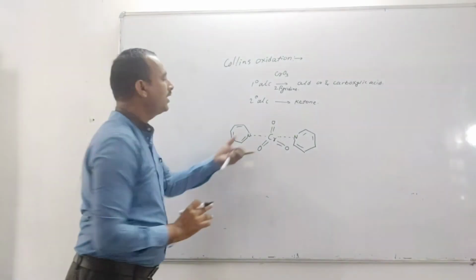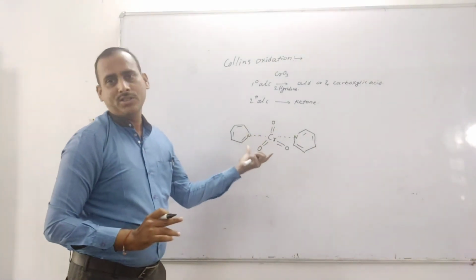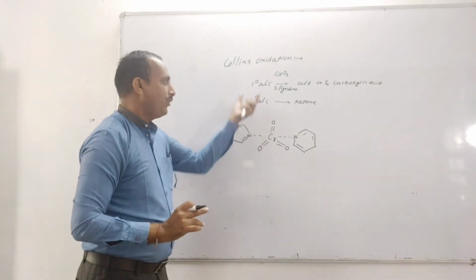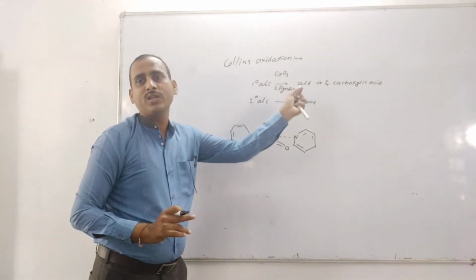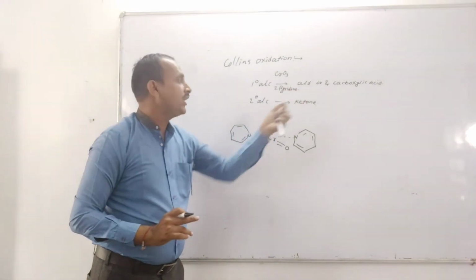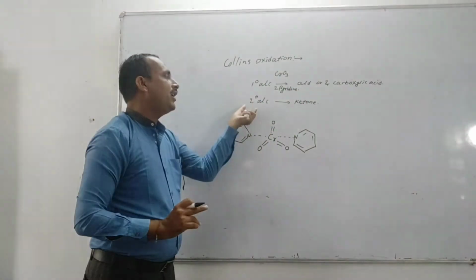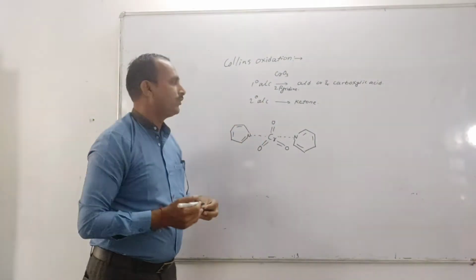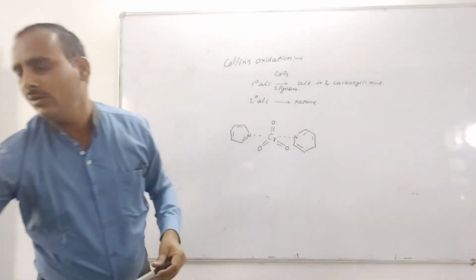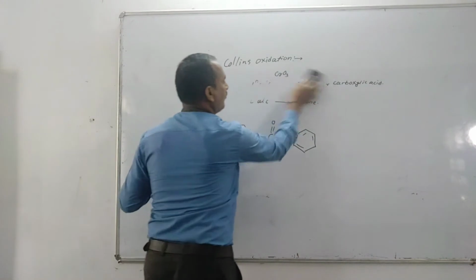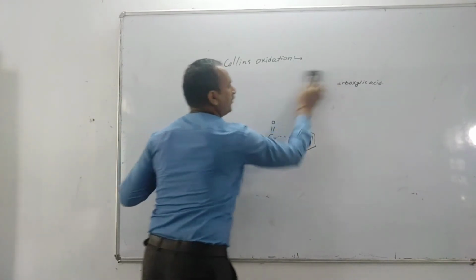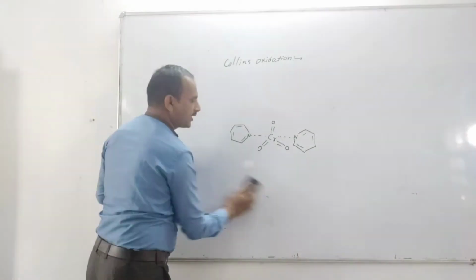Okay, so this is the Collins reagent which oxidizes primary alcohol to aldehyde or carboxylic acid, and secondary alcohol to ketone. So let's see the example of this reaction.